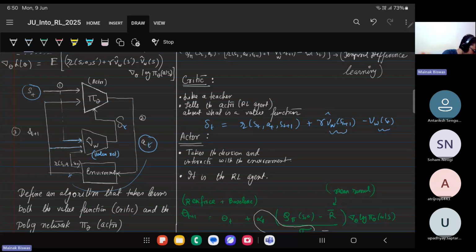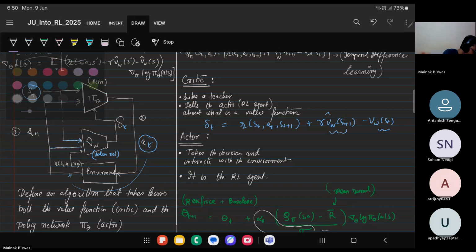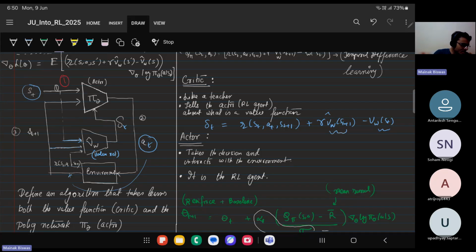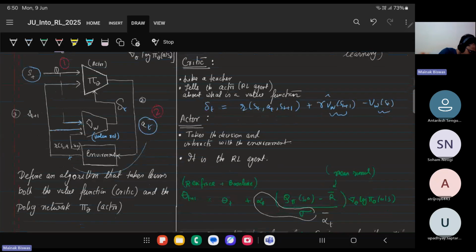Okay, so you start off with step 1. I'm going to write it in red now, so that you can understand what the steps are. Step 1 is the state going into the actor network. Step 2 is the action being selected. Step 3, observing the reward. Step 4 is passing S_{t+1}.